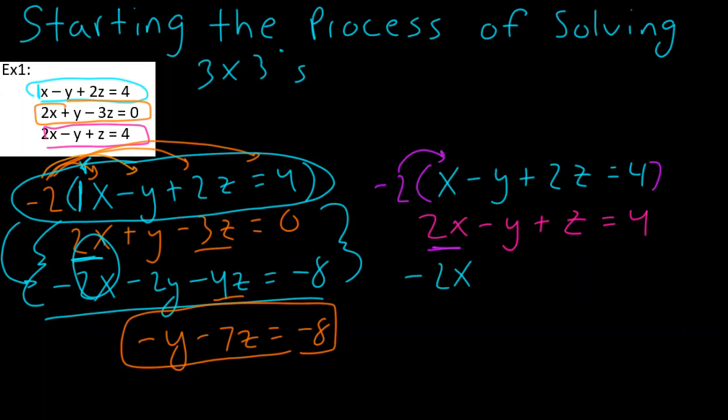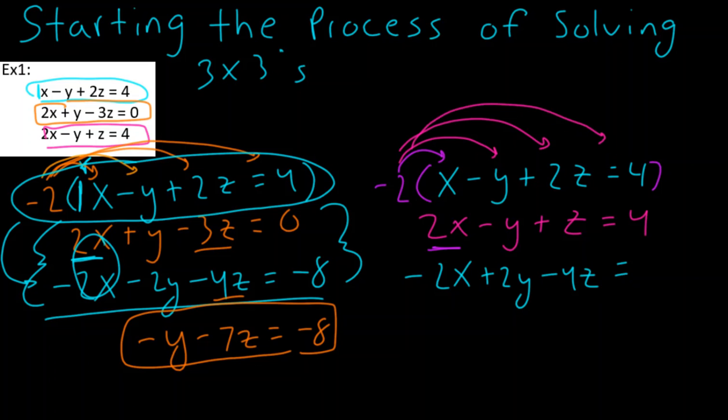We know negative 2 times negative y will give me a positive 2y. And we also know the negative 2 times 2z will give me negative 4z. And of course this will all equal negative 2 times 4, which is negative 8.